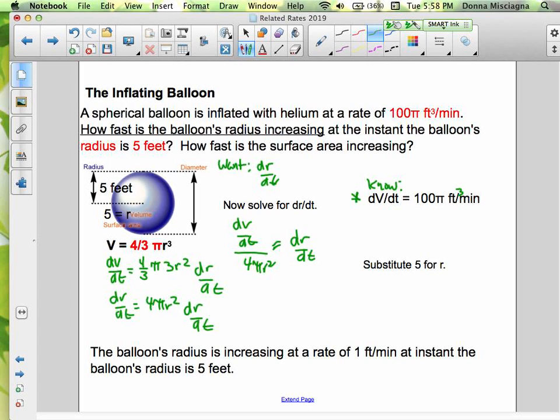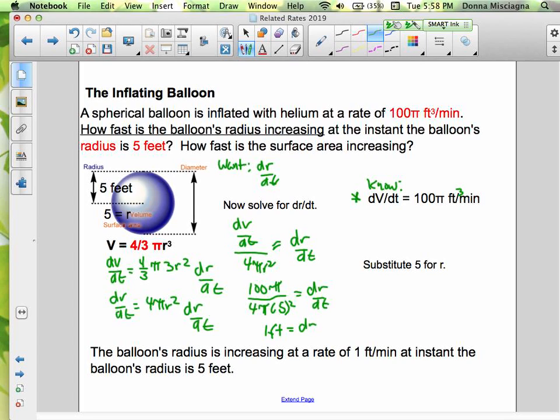So dV/dt was 100 pi, divided by 4 pi, and then the radius is 5. So that's 100 pi divided by 100 pi. So dr/dt is going to be 1, in terms of feet, so 1 foot.